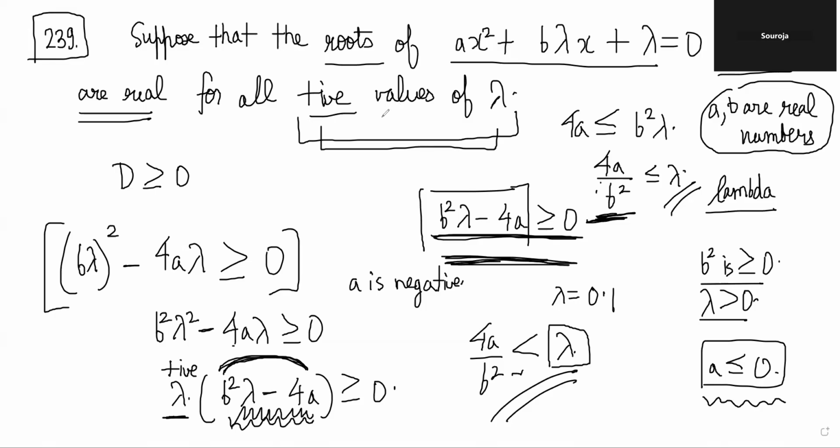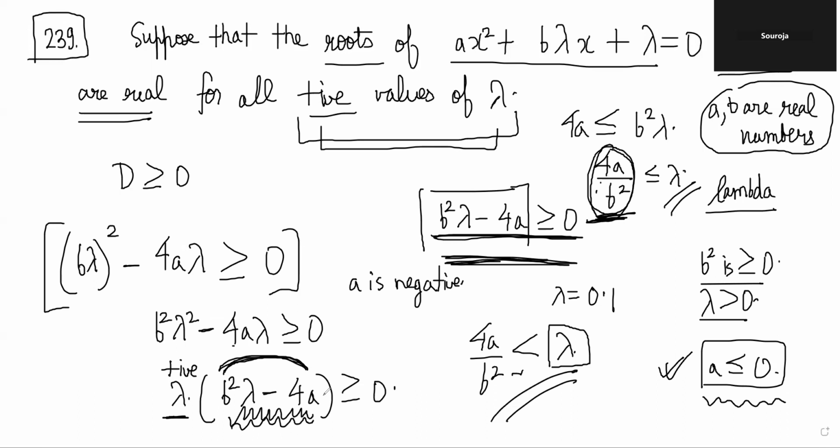Since a and b are known, 4a by b square must be smaller than or equal to lambda, but then we don't know which lambda to take. So the only way to make that happen all the time is to make 4a by b square negative. So that's why the answer is a should be less than or equal to 0. Do you understand?